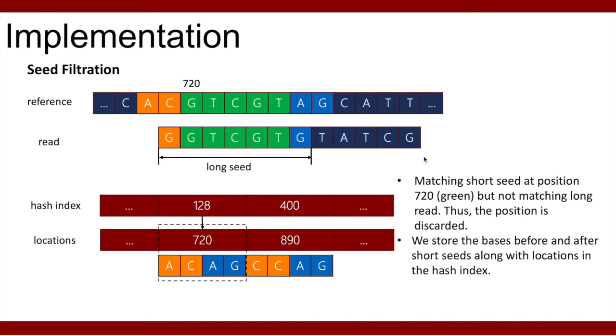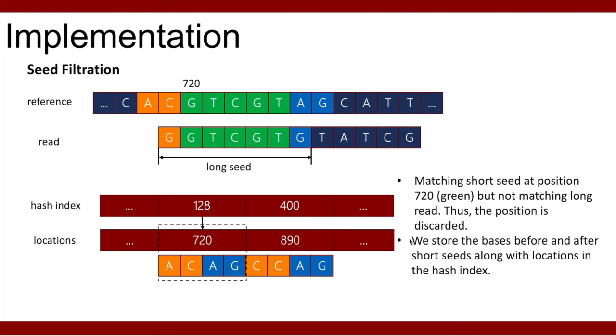We can use long seeds for further filtration. We take candidate positions found by the short seed of a long seed as the positions where the long seed might match. The candidate positions are not necessarily the exact match positions of the long seed, but only possible match positions. Thus, we further verify whether a long seed can match exactly at the location found by the short seed as follows.